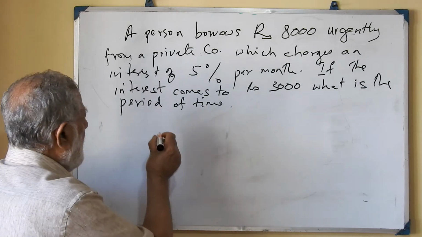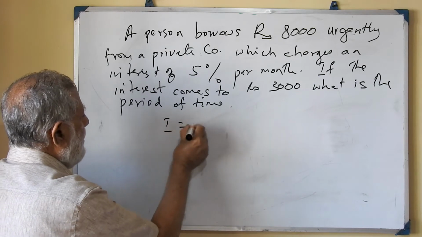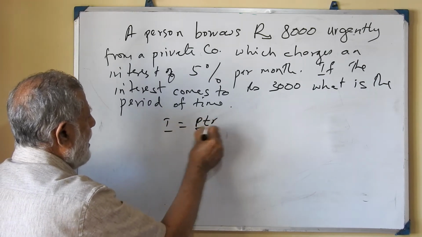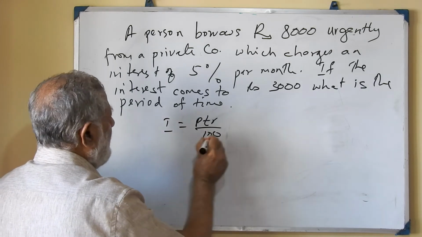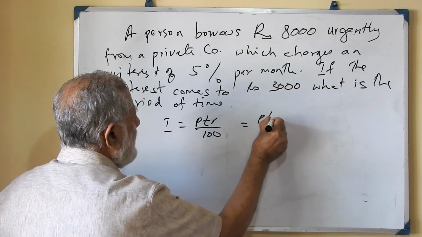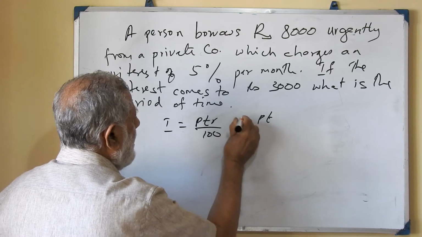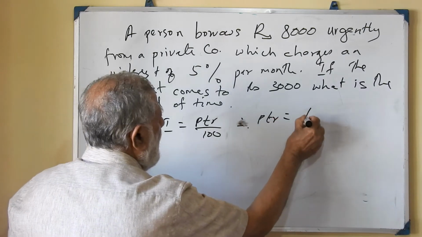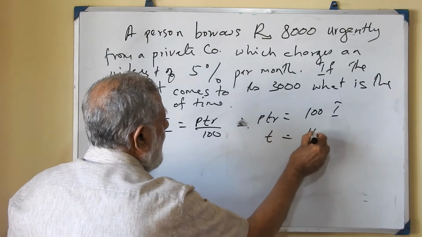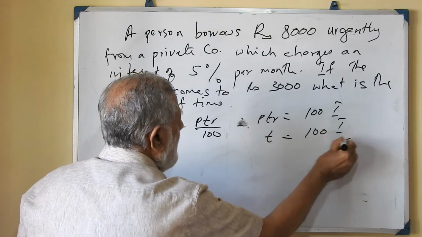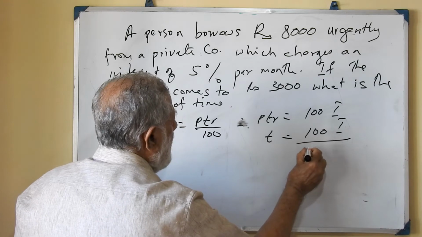Now we studied interest is equal to PTR over 100. So when you cross multiply by 1, that is equal to PTR equals 100 into I. Then T is equal to 100 into I upon PR.